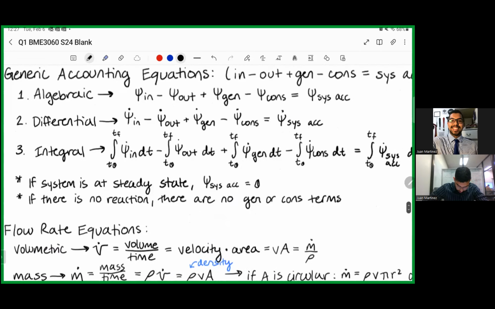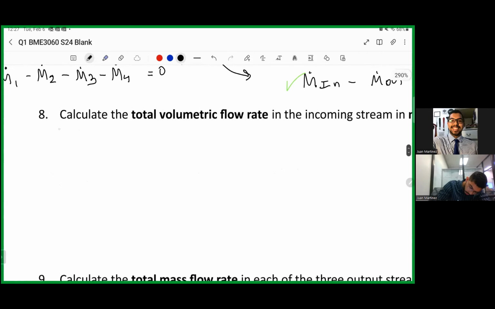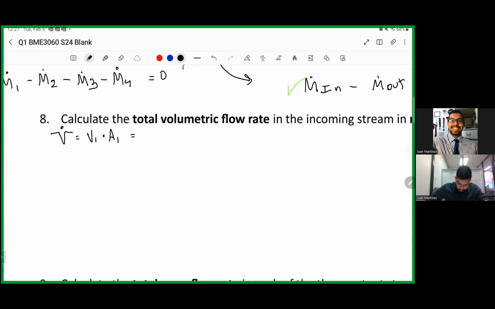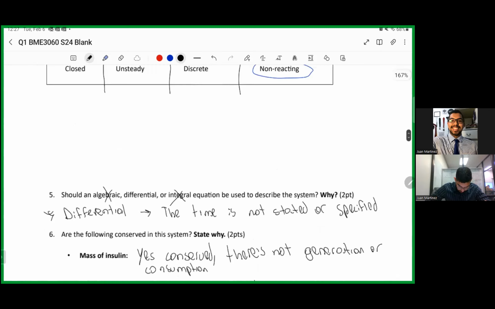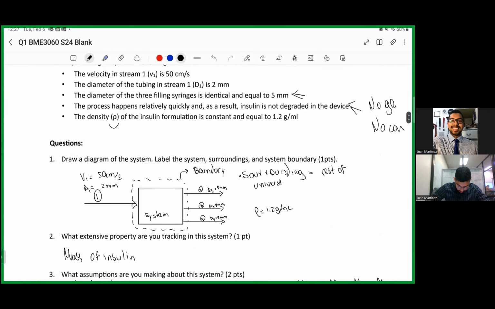So that would be 8. For the volumetric flow rate, we need velocity 1 times the area 1. And we know that velocity 1 is 50 centimeters and the diameter is 2 millimeters.